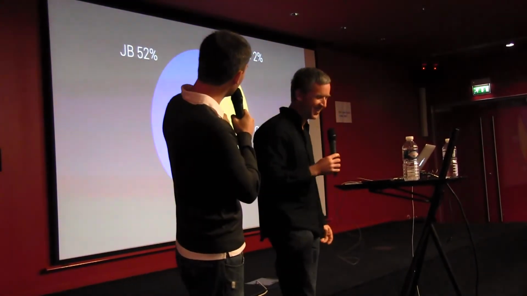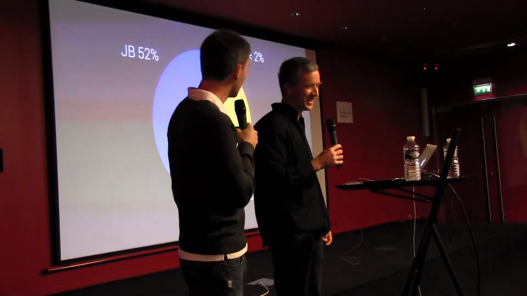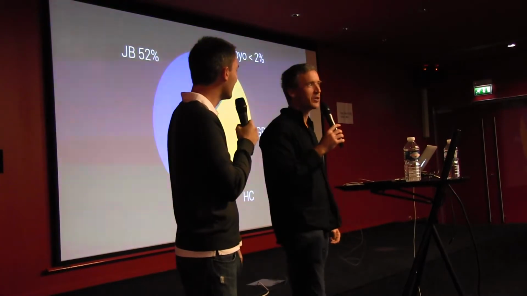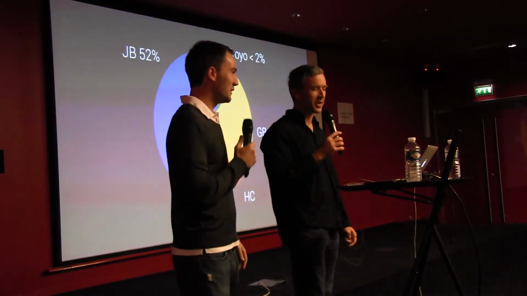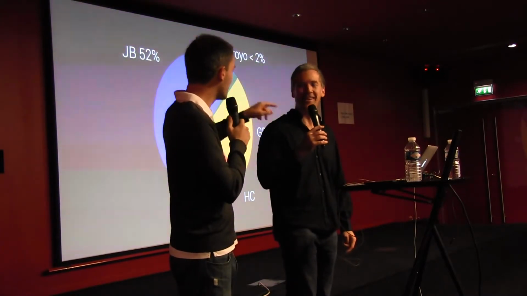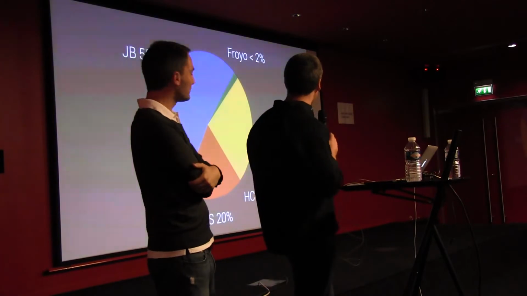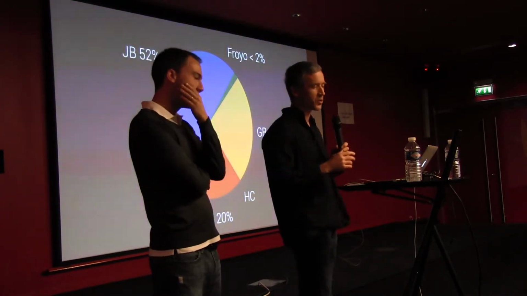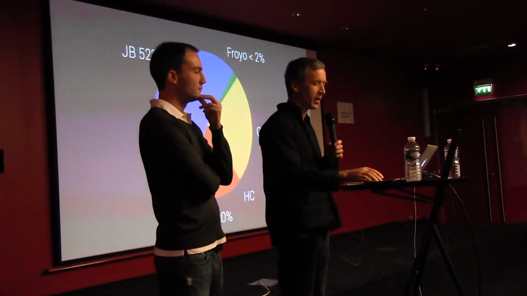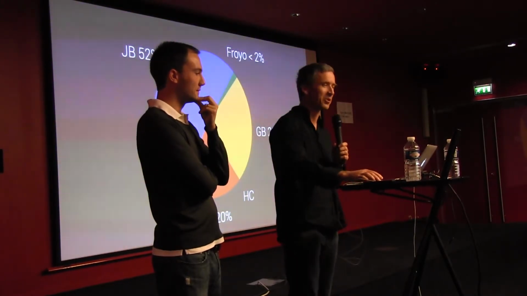Honeycomb shows up on the graph at 0.1%, so it's very tiny. Gingerbread is still a significant portion, although getting smaller, and we'll talk a little bit later about why this should be getting even more significantly smaller over time.